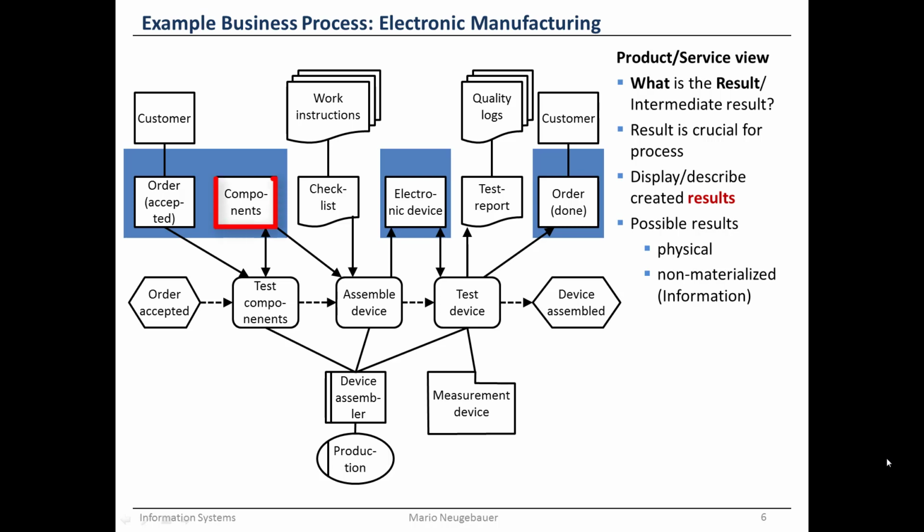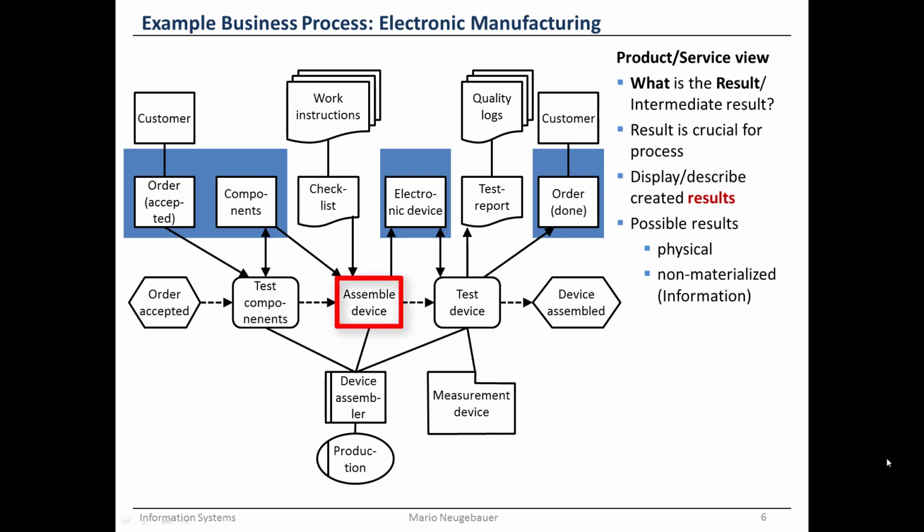So for example, let's take out the components. The components, they are maybe not produced in this company, but they are a product used in a certain product, in a certain production step. So for testing the components, you need obviously components.